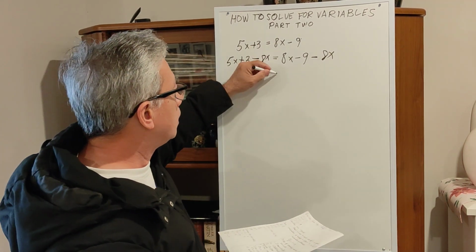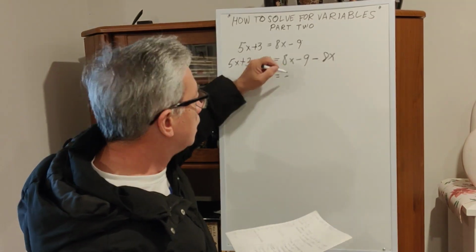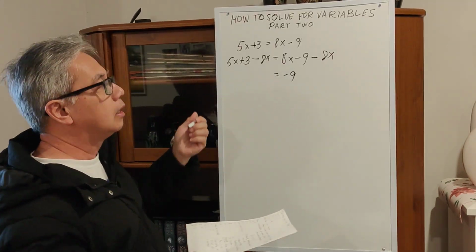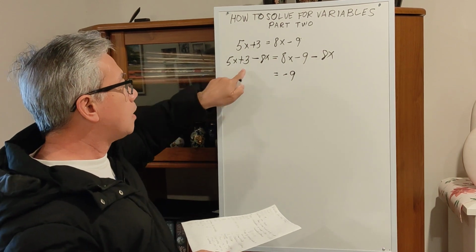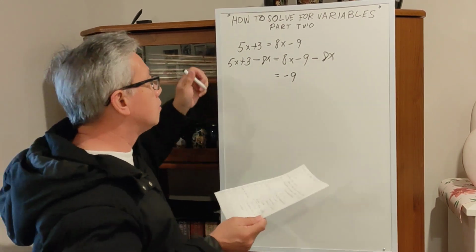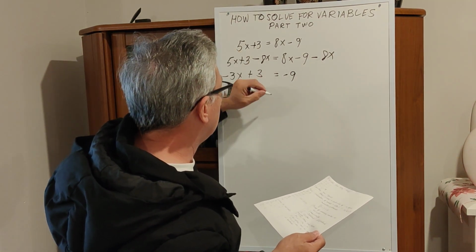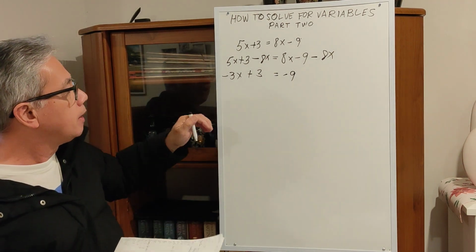So this one would cancel out. What's left is negative 9, minus 9. And 5x minus 8x, so 5 minus 8 will become minus 3x. Minus 3x plus 3. So this is our equation now.